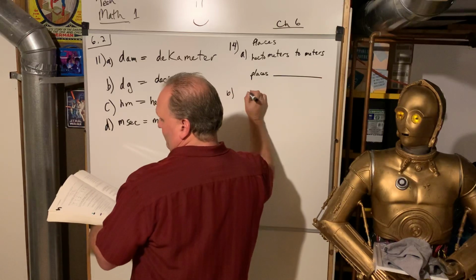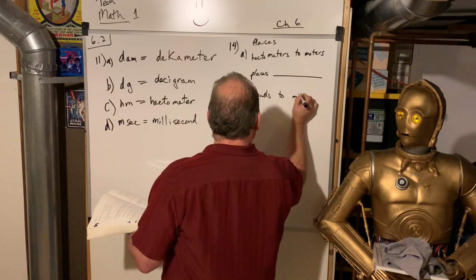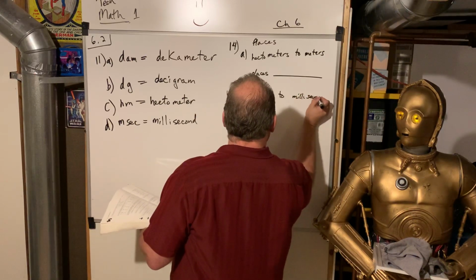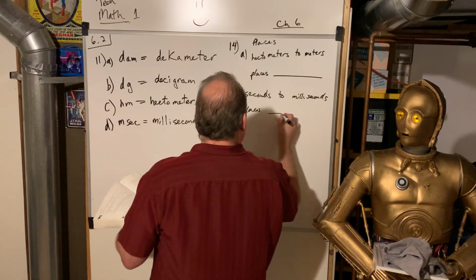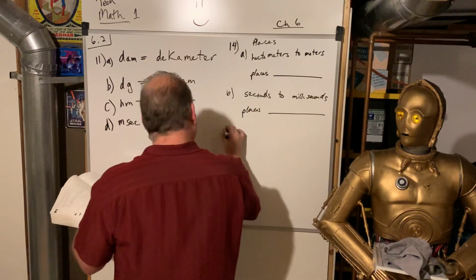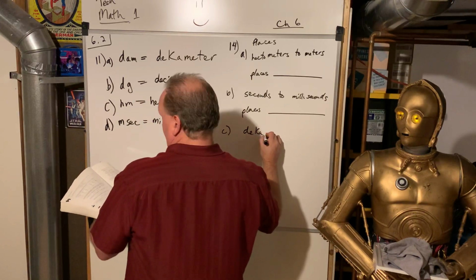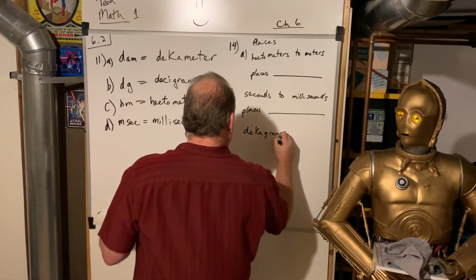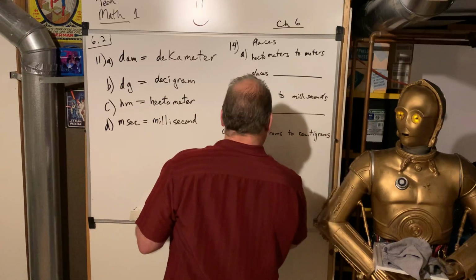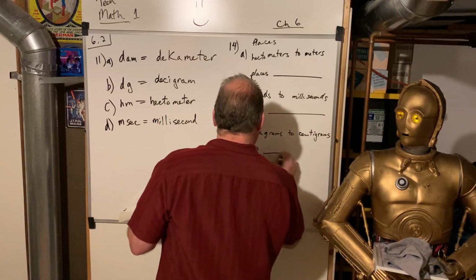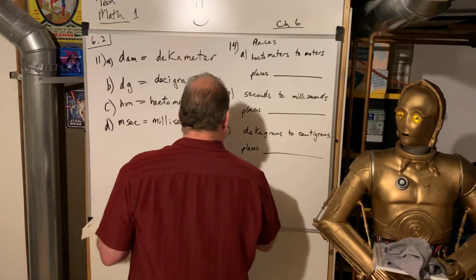And if I go from seconds to milliseconds, how many places is that? And if I go from grams to centigrams, we want to know the places, and centimeters to milli.